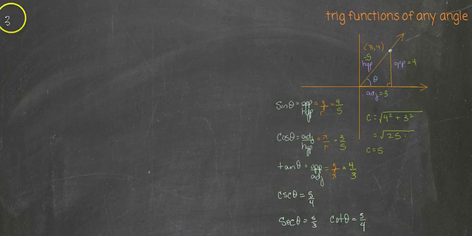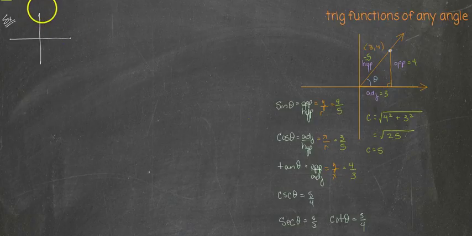So let's do an example in another quadrant. We want to find the 6 trig functions for (-4, 3). The angle theta I'm looking at is the angle used to intercept that point.